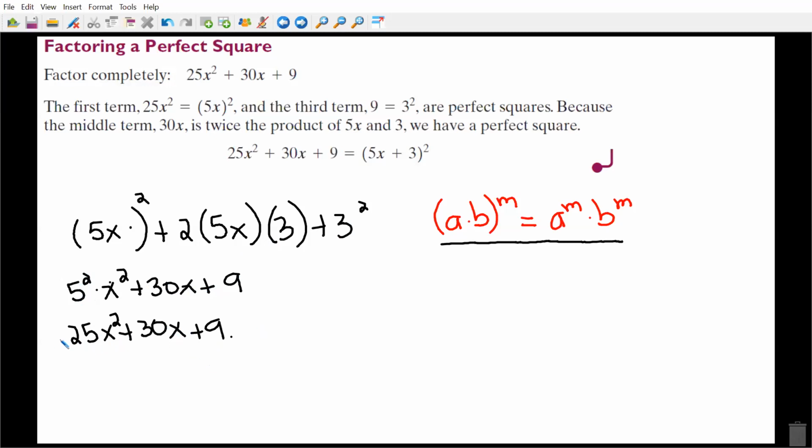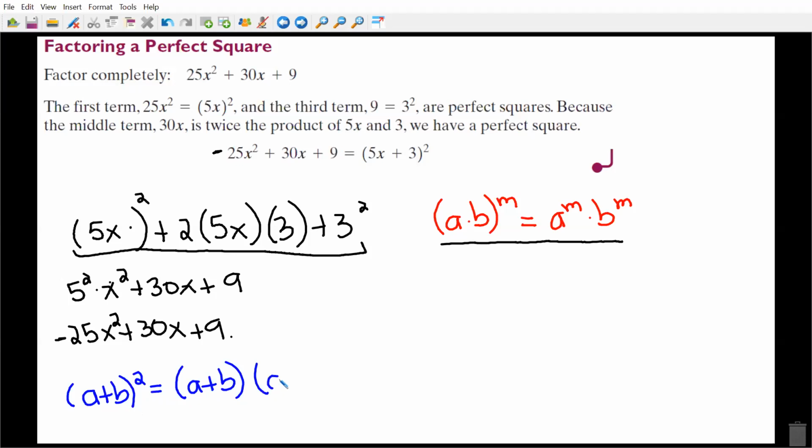So look that this exercise is the same as the exercise that we were given. And what rule did I use over here? Do you remember when we were talking about perfect squares? That this was the same as a plus b times a plus b?